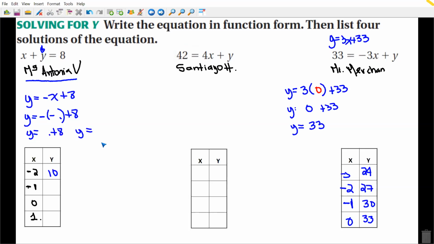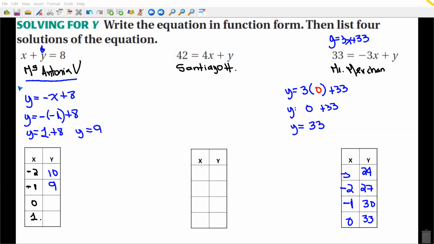All right, guys, now I'm going to replace for my negative 1. And how much is negative times negative? Positive. So you're going to have a 1 plus 8, which is going to be equal to 9. Right, guys? Yes.